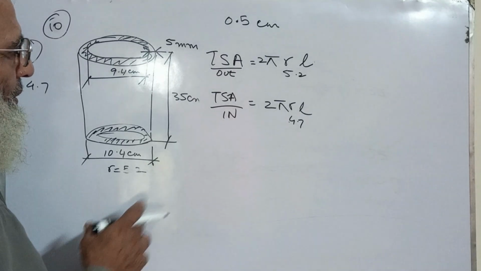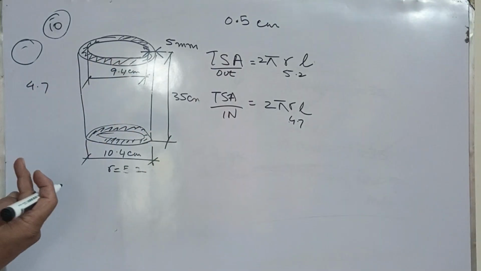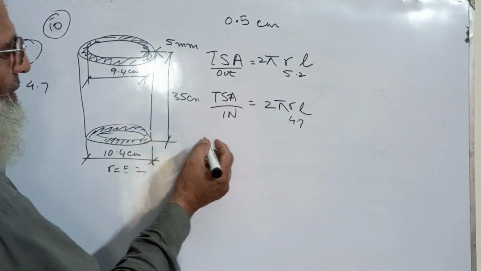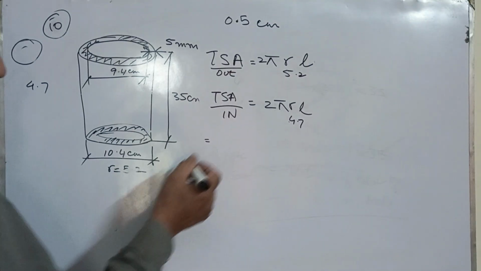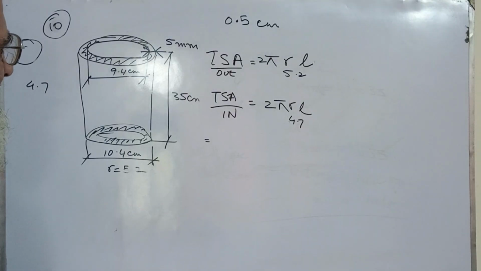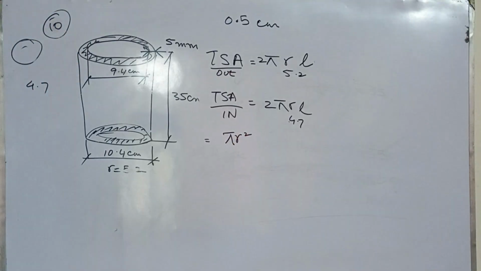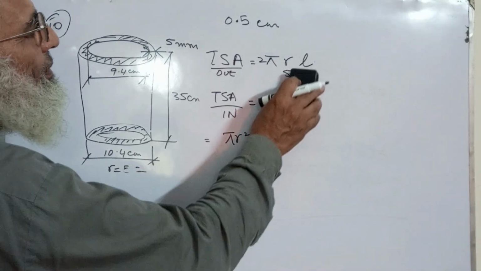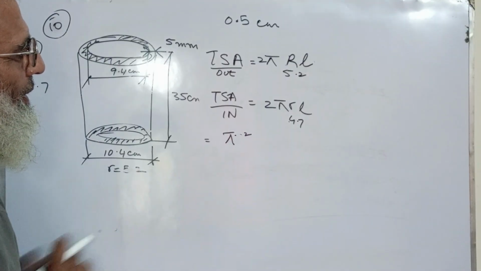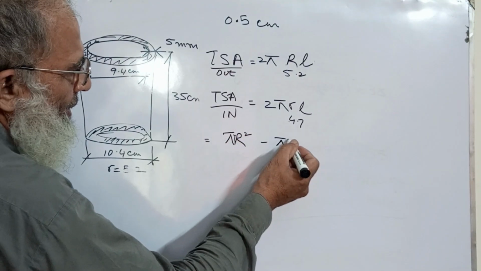Now you have just calculated the area of the outer and inner shells. Okay, now the area of this and this is equal to pi r square, and this is again pi r square, and minus pi r square.